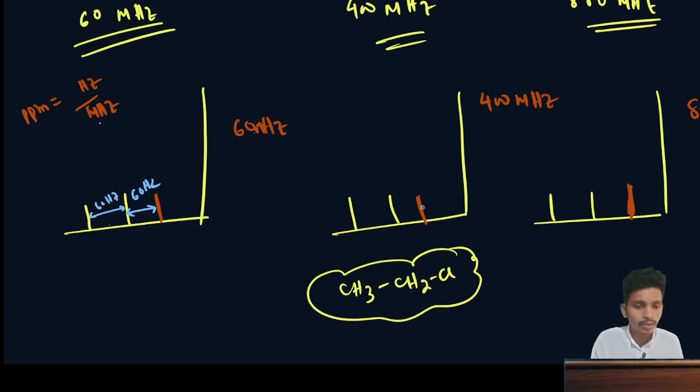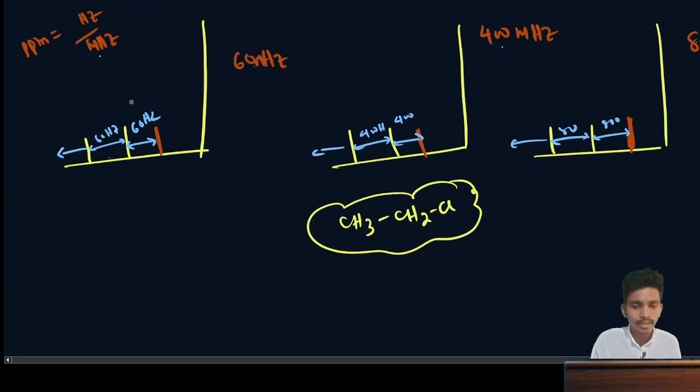For the 400 megahertz instrument it will be 400 hertz, and here for 1800, it will be 1800. So whenever you are calculating the chemical shift value, ppm is hertz upon megahertz.